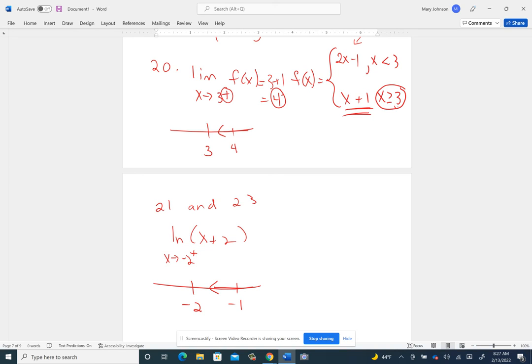And that makes a huge difference, because if you were approaching -2 from the left, from this side right here, the limit wouldn't exist at all, because natural log isn't even defined when you're over there at -3 or -4. So you're coming from the right, so the limit exists, and what this function does is that right there.